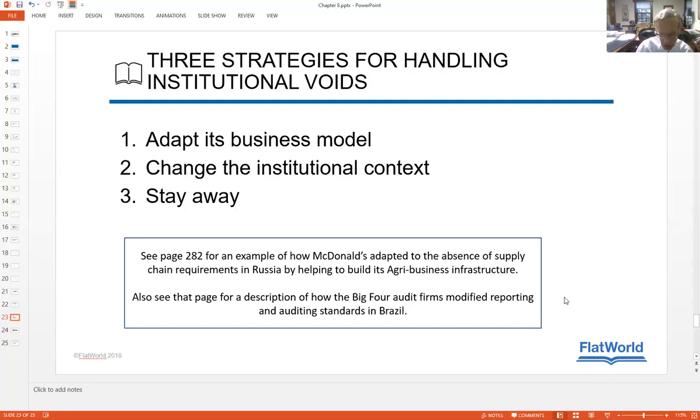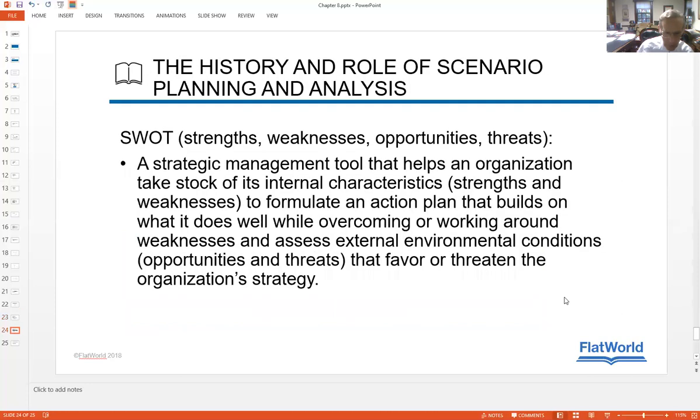I think there is an illustration on that page, but long story short, there are some countries where it simply may not be acceptable to do business because the institutional voids are too great, and the standards for doing business acceptably don't exist.